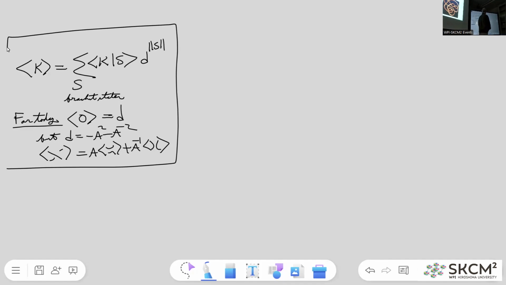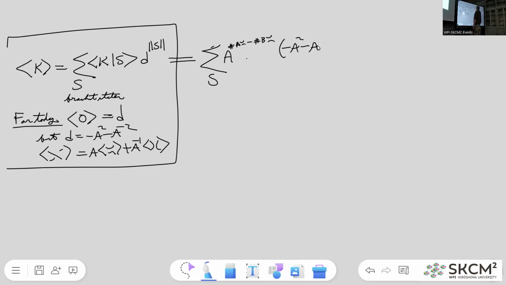So now, that means if you were to write it out, it isn't quite as beautiful as you might have liked it to be. It's going to be A to the number of A smoothings minus the number of B smoothings, right? That's the A inverse. And then we're going to have minus A squared minus A to the minus 2 to the number of loops in the state.